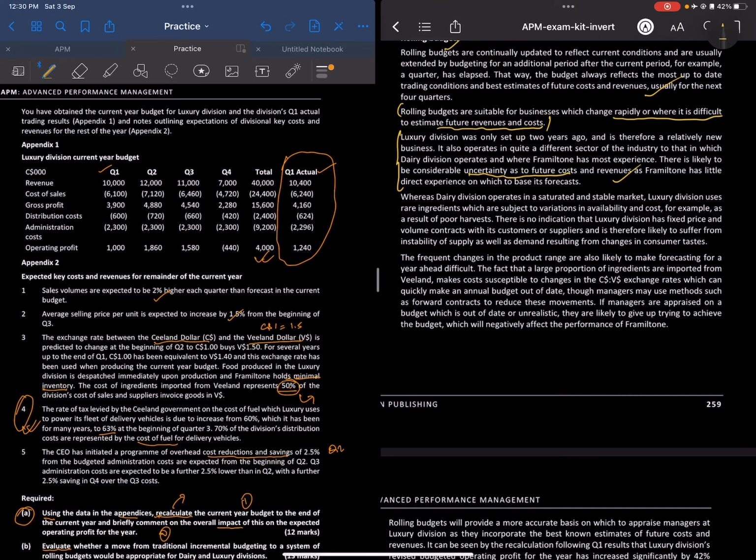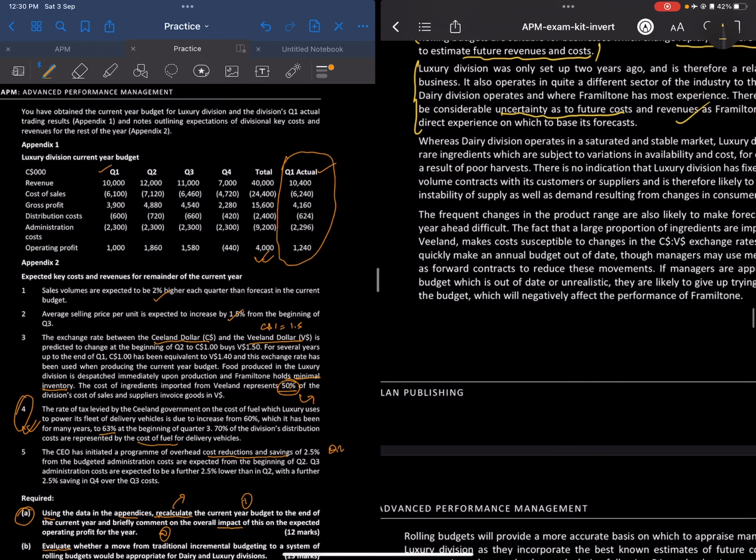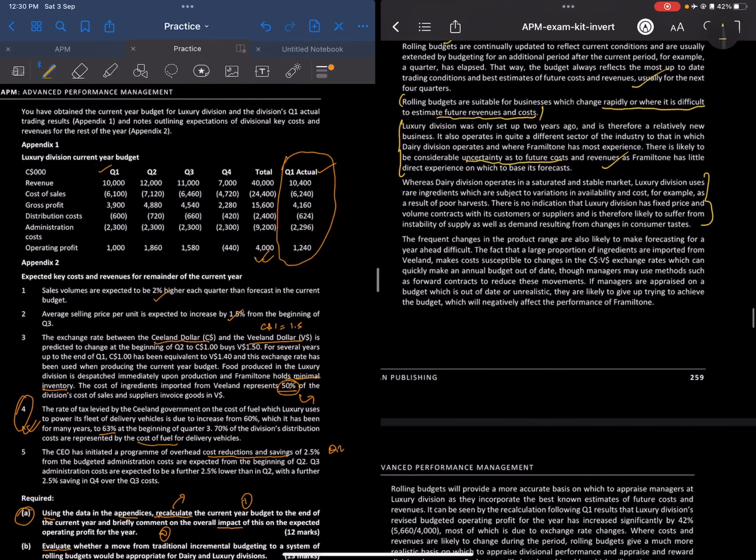Whereas dairy division is already operating in a saturated and stable market, and there are some variations in availability of different kinds of rare ingredients, right? Their inputs, and then there are no fixed term contracts or volume contracts, so they are likely to suffer from instability of supply, right?